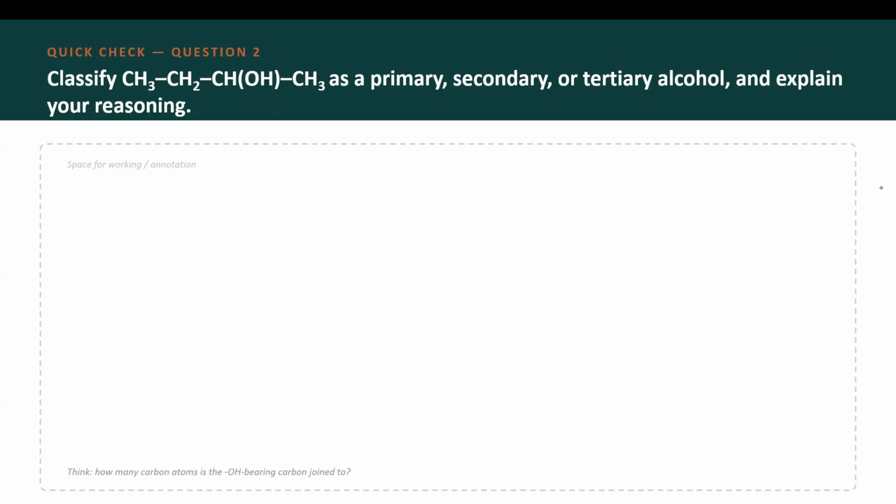Yes, this is a secondary alkanol. And the reason why we say it's a secondary alkanol is because, remember I kept emphasizing, it is directly bonded to 2 other carbon atoms. Now, if you look at this structure, this here is the carbon of interest, isn't it?